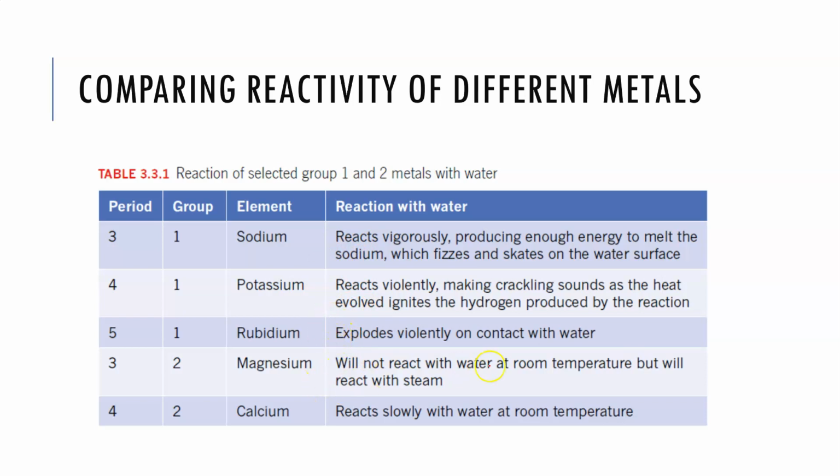When we get into group 2, we don't actually see it react with water at room temperature, but if we were to heat up that water, magnesium will react quite vigorously with steam. And then calcium reacts slowly with water at room temperature, remembering that calcium will be a bit more reactive than magnesium because it's further down the group in group 2. It's in period 4 rather than period 3.